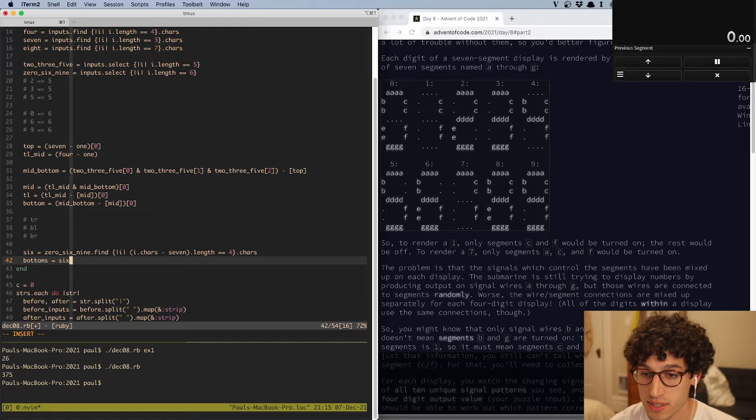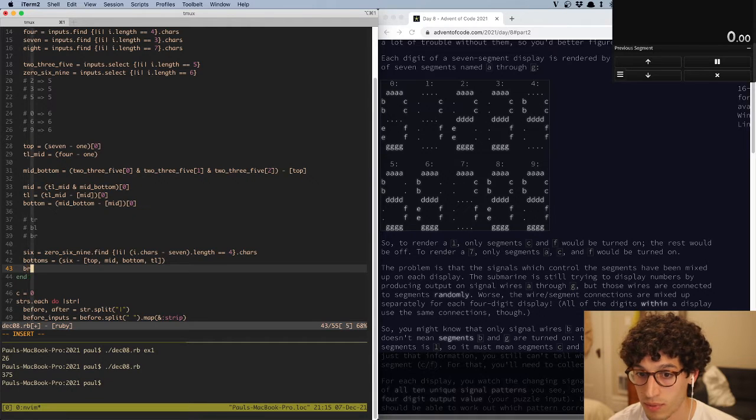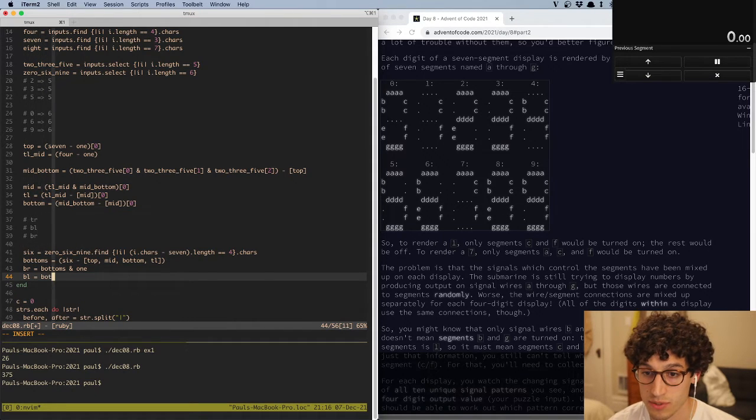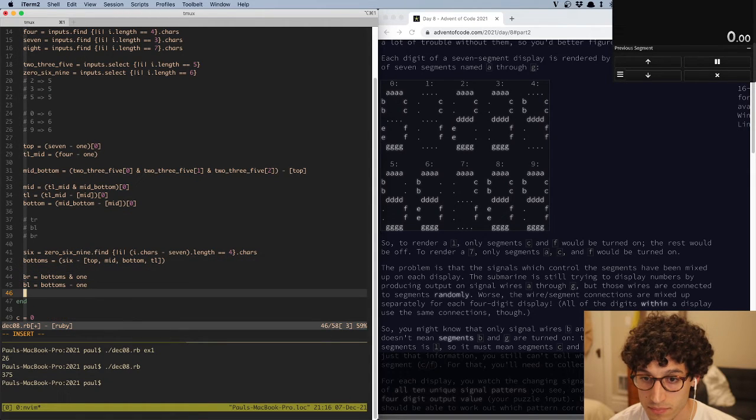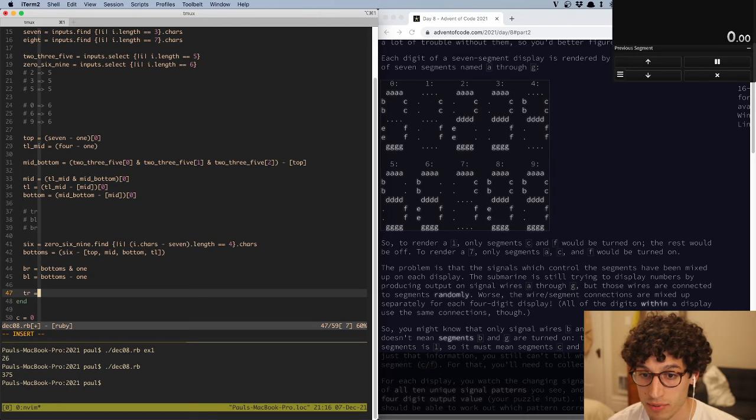Bottoms equals 6 minus top, mid, bottom, top left. Bottom right equals bottoms and 1. Bottom left equals bottoms minus 1. Top right equals 8 minus top, mid, bottom, top left.